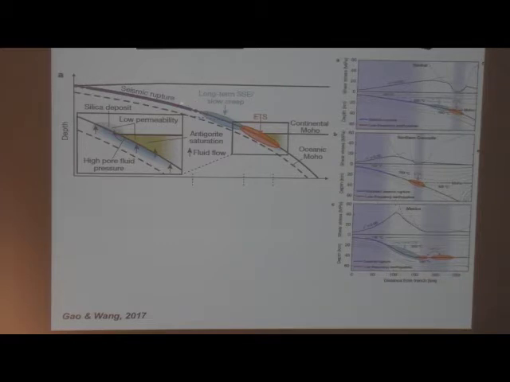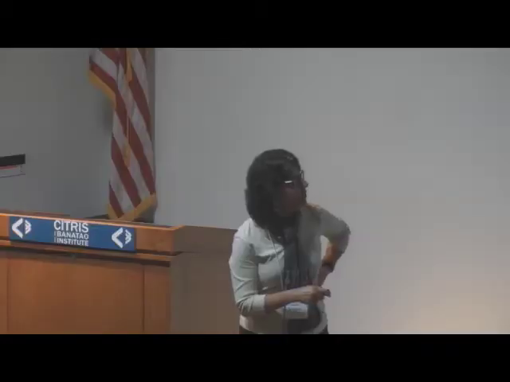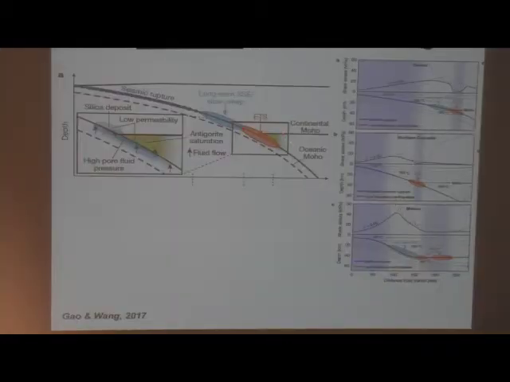So that's your reason for going from earthquake rupture into this creeping regime. Okay, so here's the cross section. That explains that. Then you go into this ETS regime because of an increased pore fluid pressure, decreased effective stress, because you have fluids coming off.